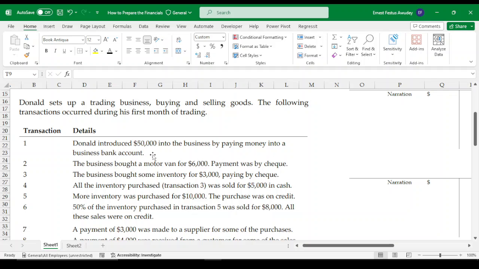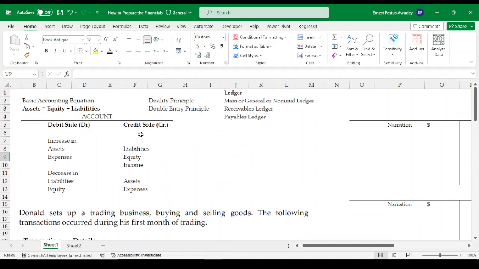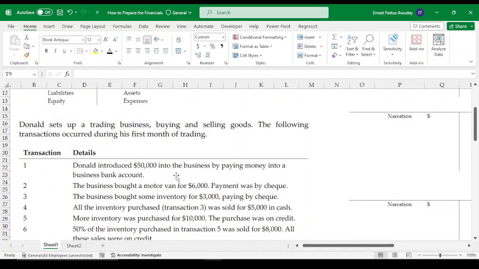From our understanding of equity, assets, and liabilities, this is what we call equity, because this is the amount the owner, Donald, is introducing into the business. So it becomes equity, or what we call capital.